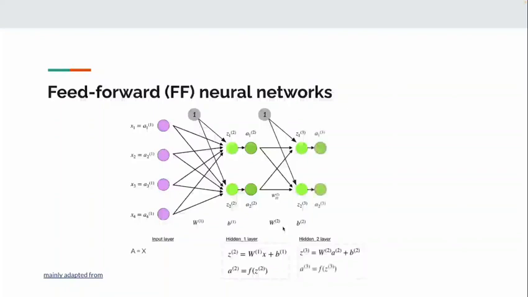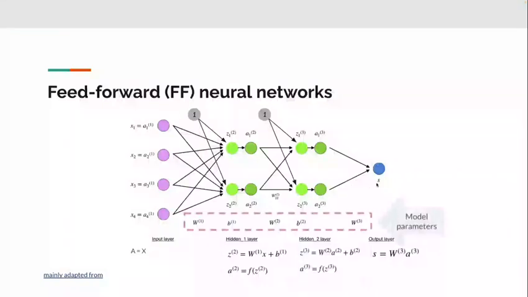Then the second layer will have its corresponding activation function, and then you have your final layer, that is the output layer. So these are your model parameters, and if you notice, we are using subscripts to denote the parameters of the corresponding layer. These are the parameter vectors from the first to the second layer, then these are from the second to the third layer, and this is your final layer parameters.